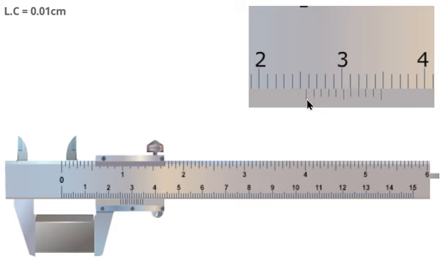Carefully watch. 0 is not coinciding with the main scale. 1 is not in coincidence with the main scale. 2 is not in coincidence with any reading on the main scale. 3, 4, 5, 6 are not in line. The seventh division appears to be almost in line with one of the main scale readings. So we will take the 7 as coincidence.